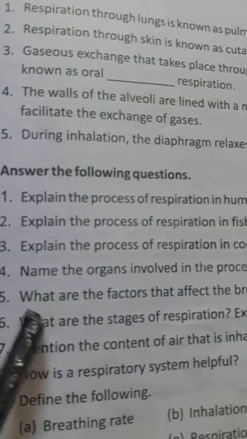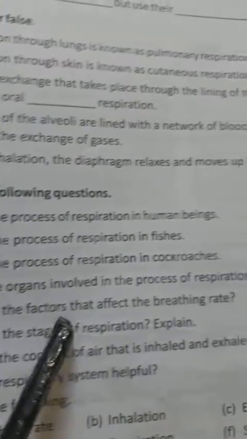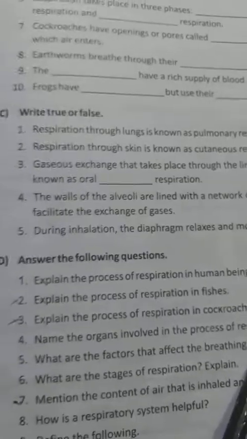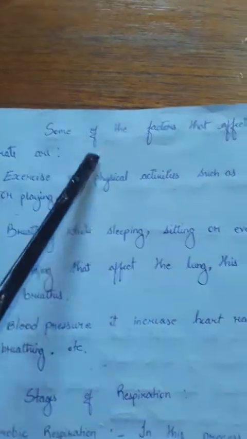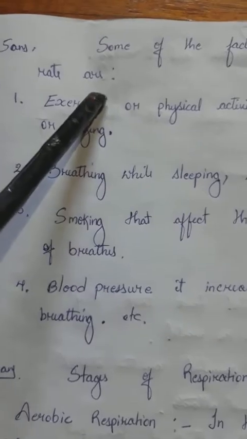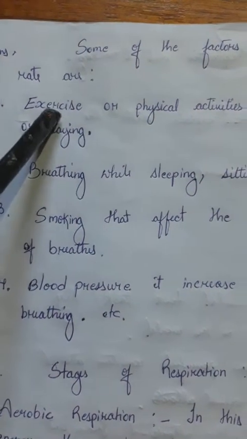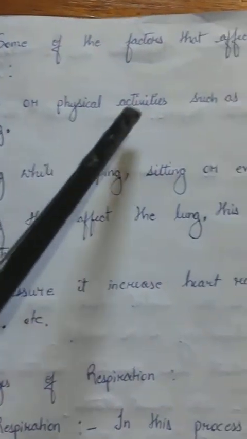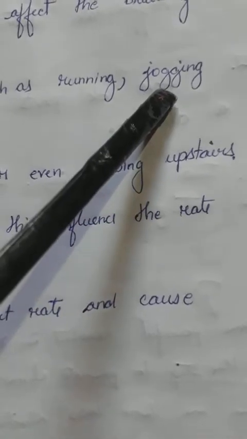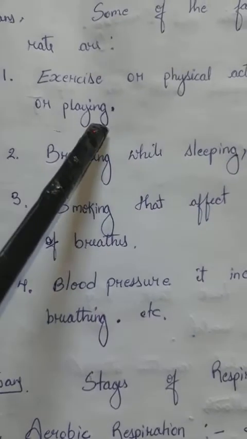Okay, now question number 5. What are the factors that affect the breathing rate? The answer. Some of the factors that affect the breathing rate are: number 1, exercise or physical activities such as running, jogging, or playing.